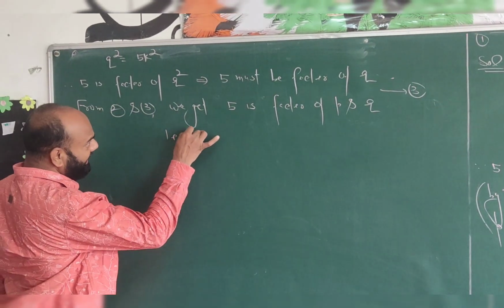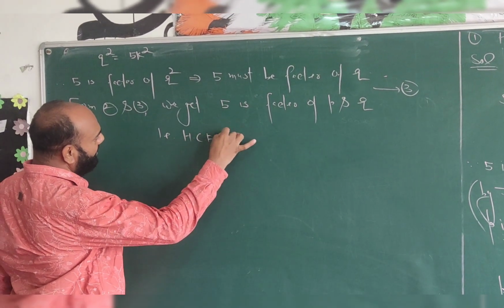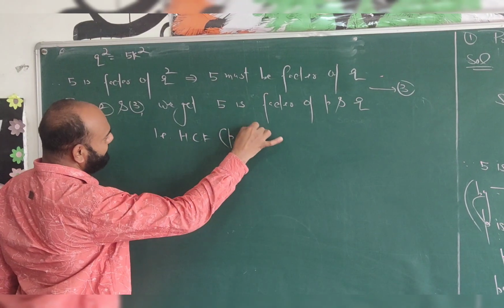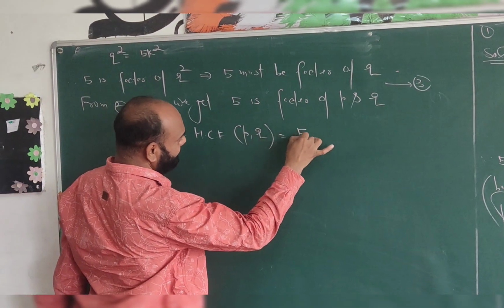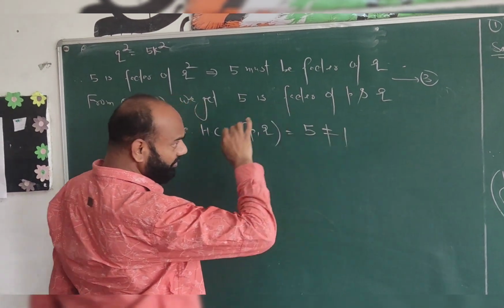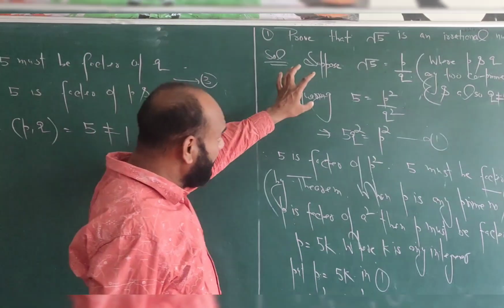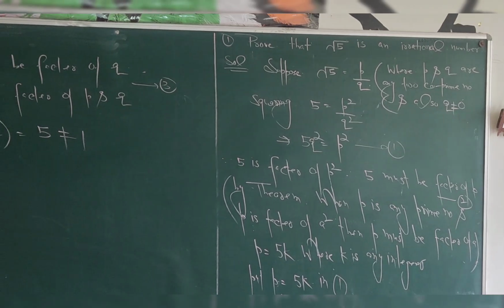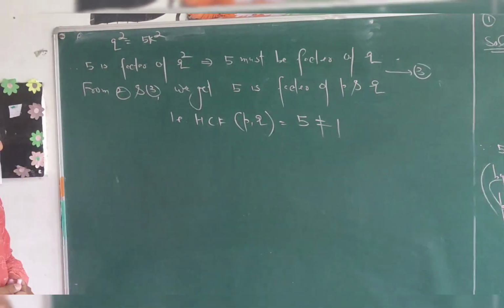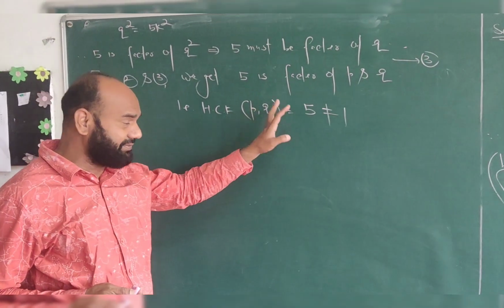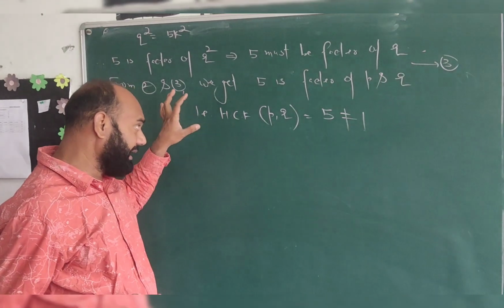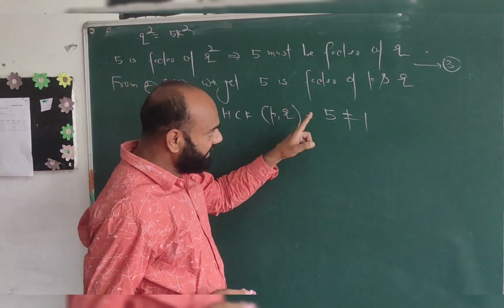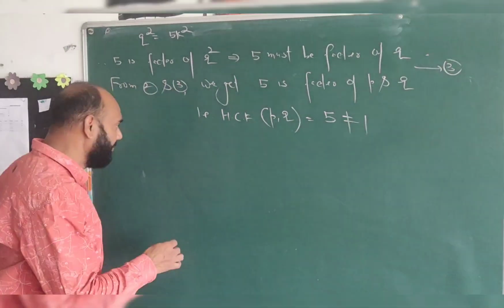That is, the highest common factor of p and q is equal to 5, which is never equal to 1, because when p upon q is a rational number, then the highest common factor of p and q must be 1. Here the highest common factor of p and q is 5, which is never equal to 1.